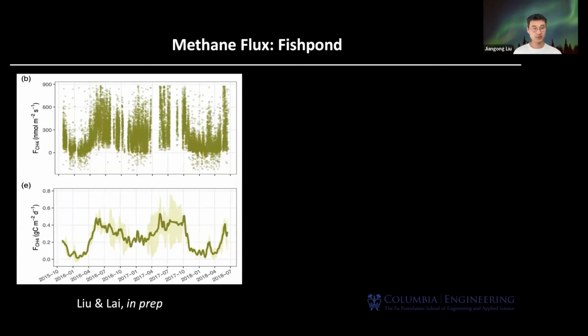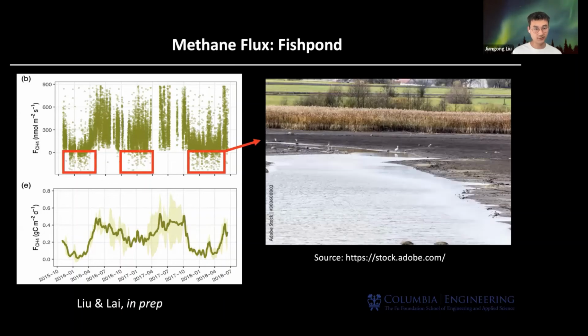This shows the temporal variability in methane fluxes. During the summertime, it can reach very high values of methane fluxes. But during the wintertime, the fishermen drain the fish ponds to harvest the fish.